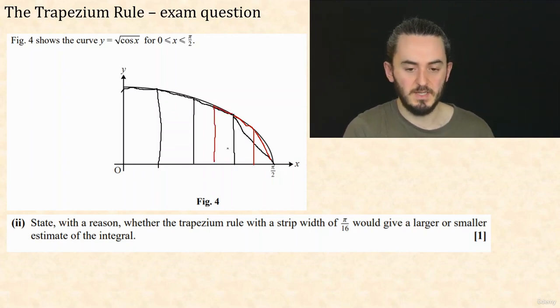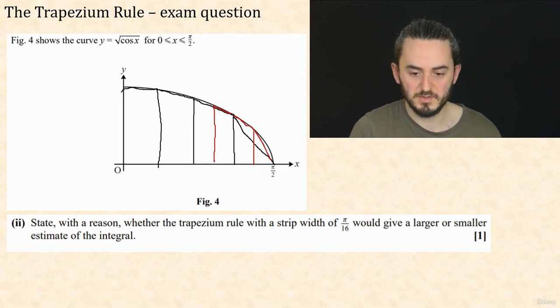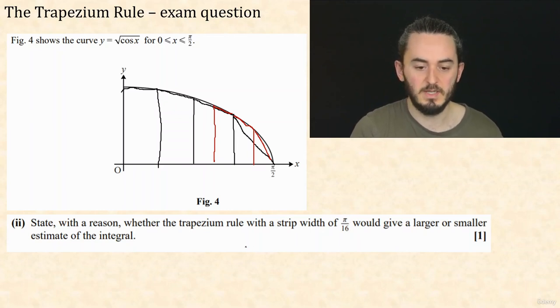So that means that if I used twice as many strips with half the size of the gap between them, it would give certainly a better estimate, but in particular it would give a larger estimate.